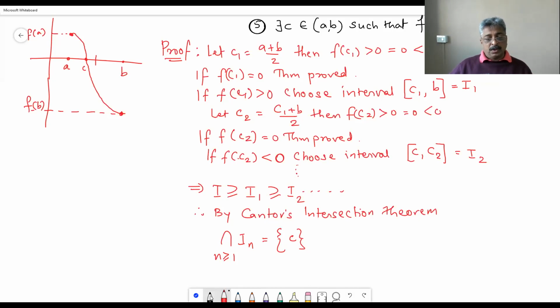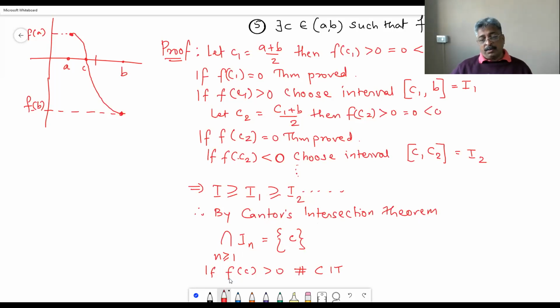Now, if f of C is greater than 0, contradiction to above. Cantor intersection theorem says that you take these nested intervals up to infinity so that you catch hold of singleton point.